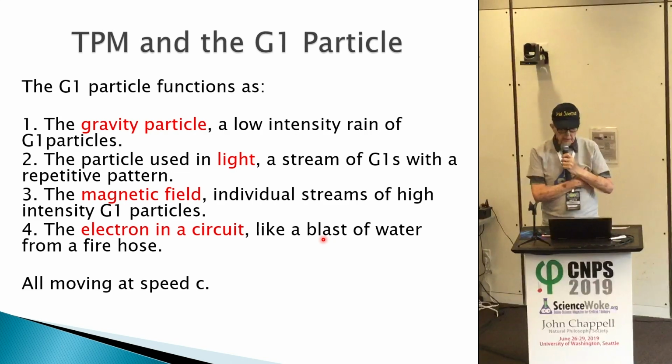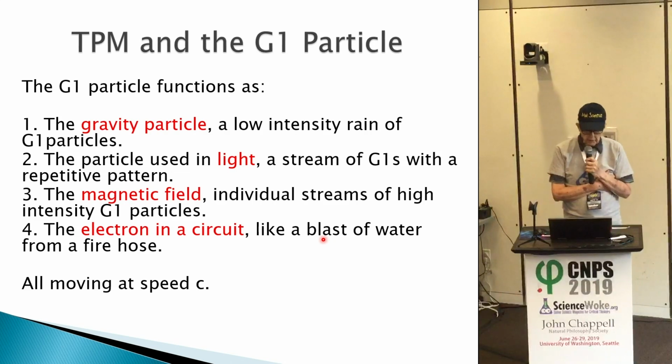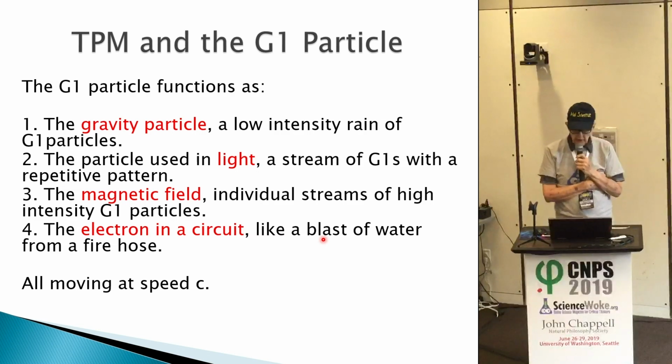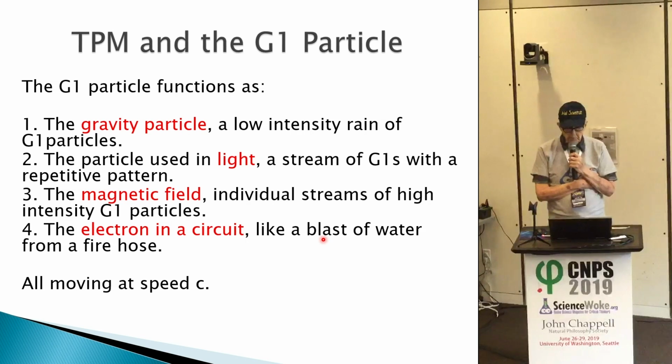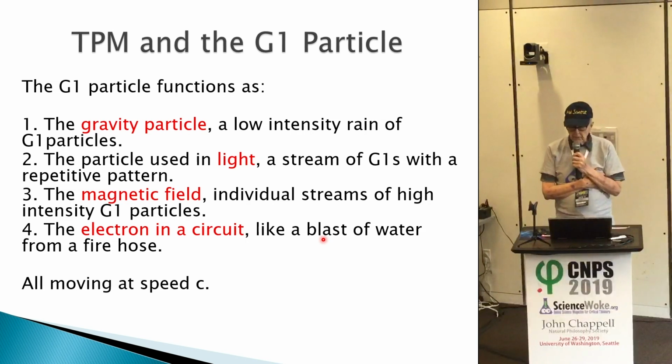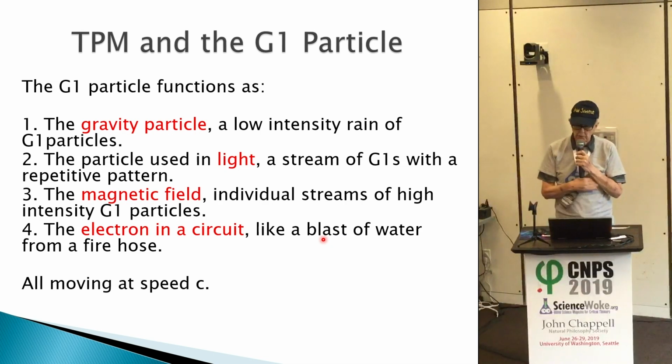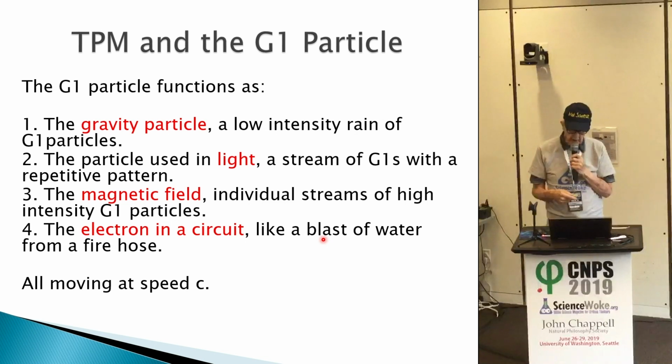Okay, the TPM, the particle model, and the G1 particle. It functions in many different ways in the particle model. It is the gravity particle, which comes at us as a low-intensity rain of G1 particles. It's used in light as a stream of G1 particles with a repetitive pattern. It's used in a magnetic field as individual streams of high-intensity G1 streams spinning around and through the magnet.